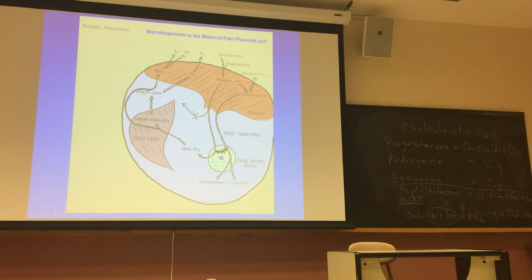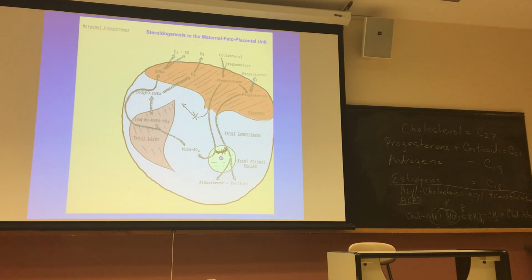These C21 steroids get into fetal circulation where they encounter the enzymes that are found in the fetal adrenal cortex. The fetal adrenal cortex is not the same as the adult adrenal cortex. It doesn't operate the same way. It doesn't express the same exact enzymes.